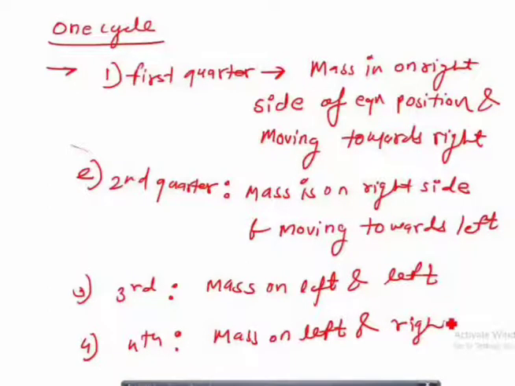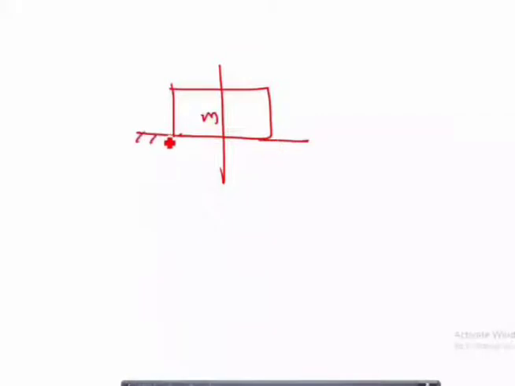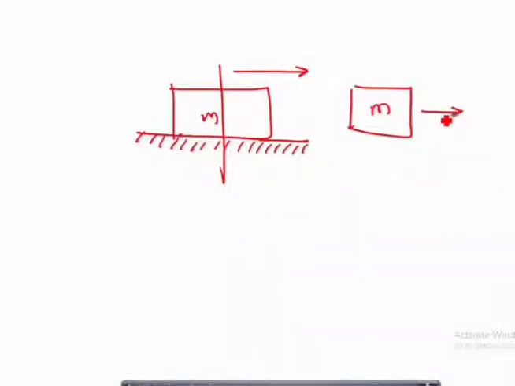Now I will help you understand this cycle with the figure. Let us say this is a mass m, moving on this dry, unlubricated surface, so there is friction, which is nothing but Coulomb damping. Let us say this is the mean position. In the first case, the position of the mass is towards the right side and the motion is towards the right.